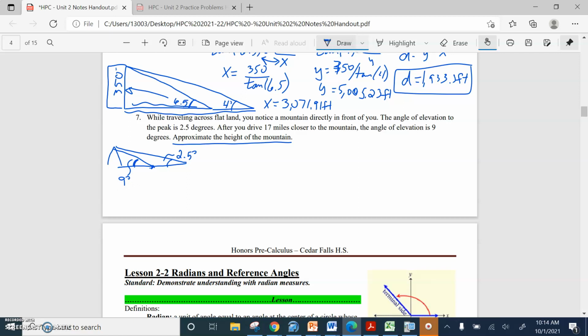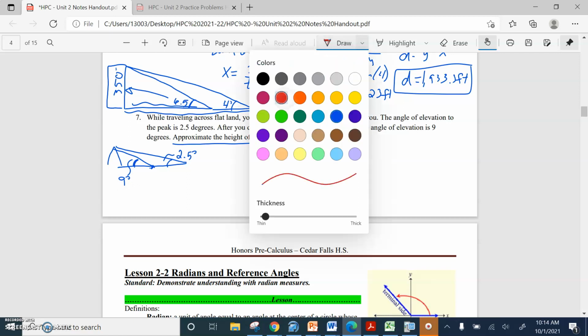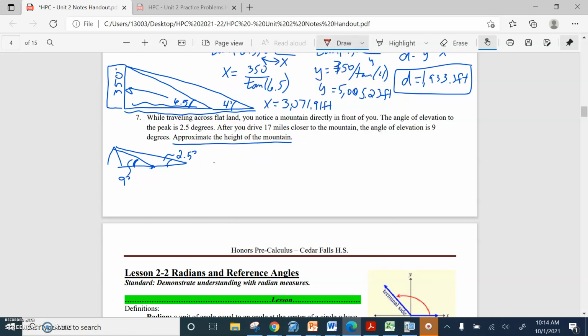So, see if I can do this a little bit of justice. When we are looking at these two problems, all we know is that the distance to the peak is some distance x. We're just going to label that x. Now, rather than calling the distance at our second stop some other value like y, a, or b, we're going to call that distance x minus 17.